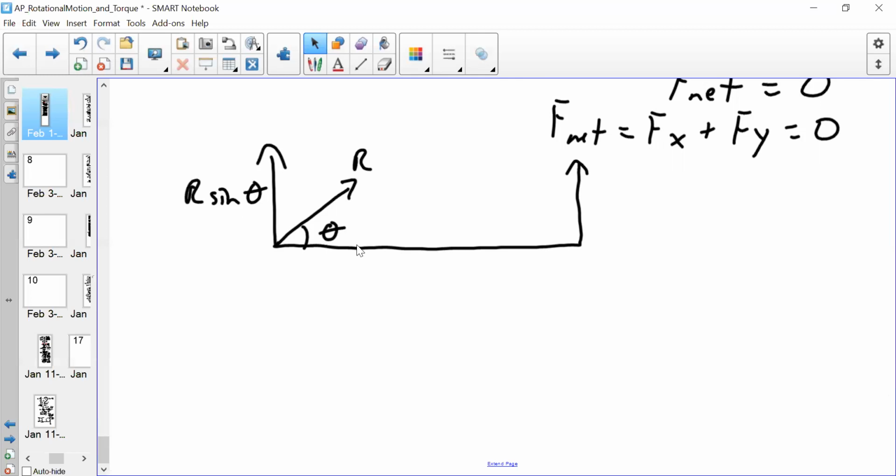It's R sine theta and R cosine theta. So again, we're just dealing with the forces. The wall force directed at an angle is made up of two parts, a cosine and a sine part, as well as the tension, which we are familiar with.